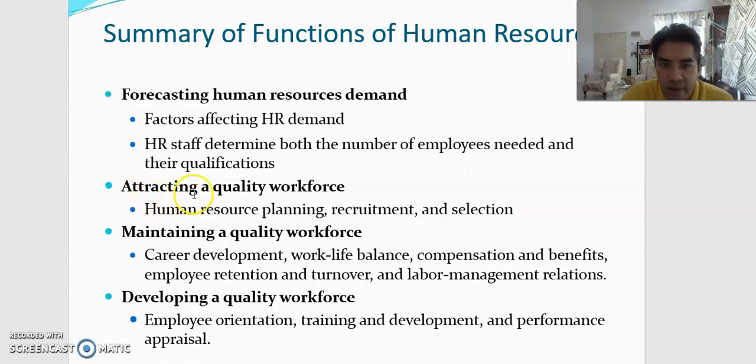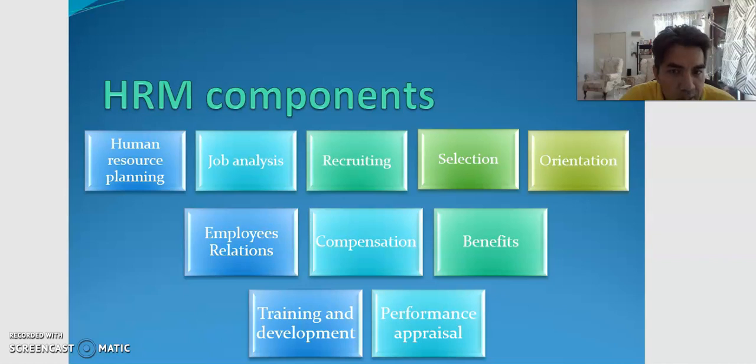And then we talk about attracting a quality workforce, which involves human resource planning, recruitment and selection, and then maintaining a quality workforce, and then developing a quality workforce. So this is pretty much what we have already highlighted earlier on. So now we are going to go into each of these components. Some of these components I have already talked about, so we just focus on the things that we need to look at.